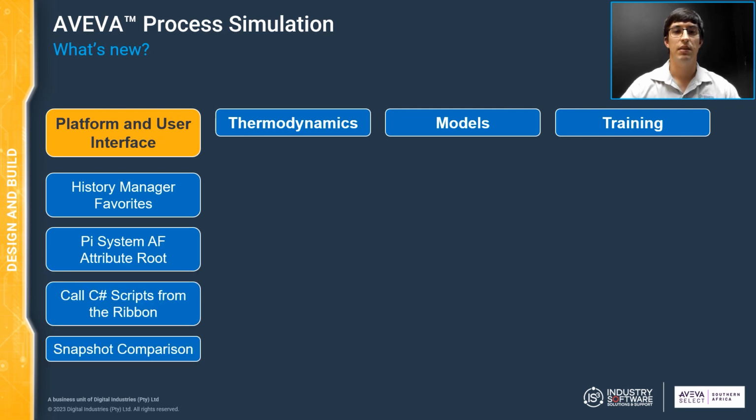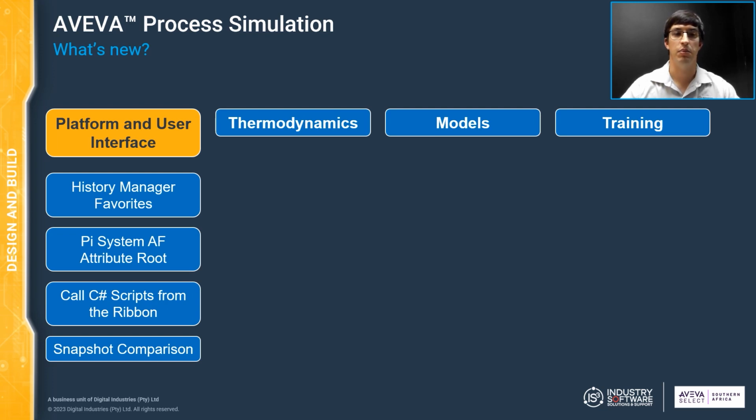AVEVA is constantly improving their offering by expanding their product range and developing their existing products. Some of the new developments for AVEVA Process Simulation 2024 that was recently released includes the functionality for users to compare any snapshot to the active simulation so that the user can see what drives the process to have different results.